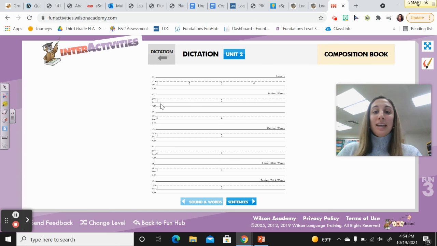All right. In the next row, see where it says review words? There are 4 review words that we're going to look back and see if you remember those rules from Unit 1. So in Unit 1, remember, we definitely marked if it was a closed syllable or a closed syllable exception. We usually marked the vowel with a breve if it's short or a macron if it was long.